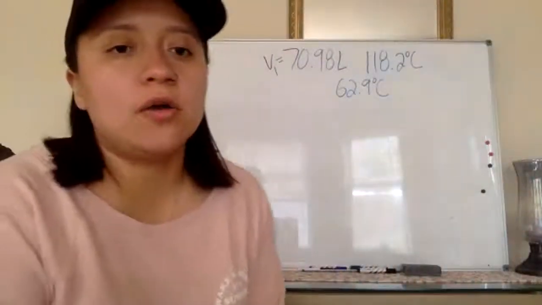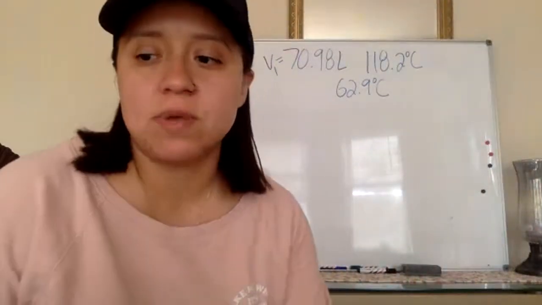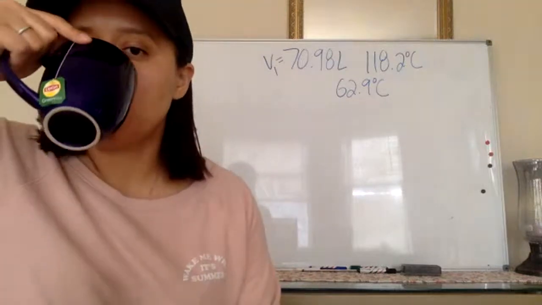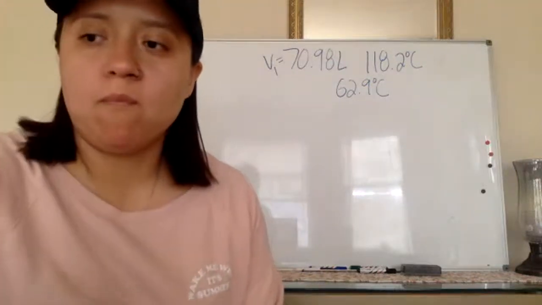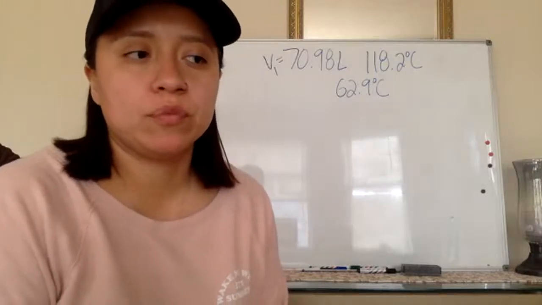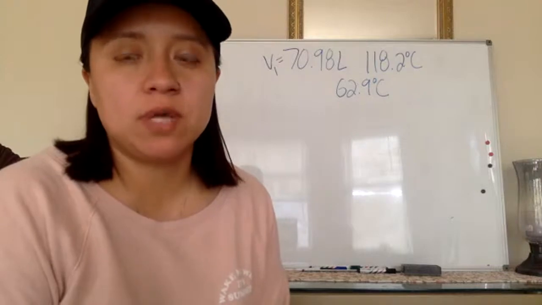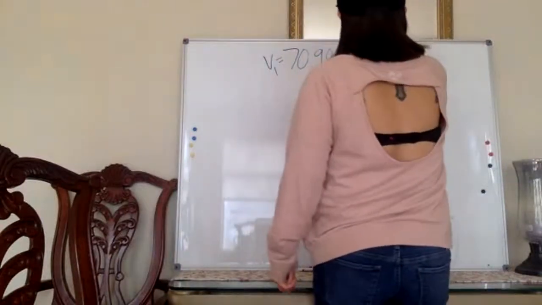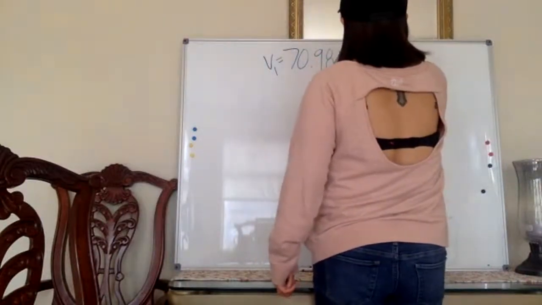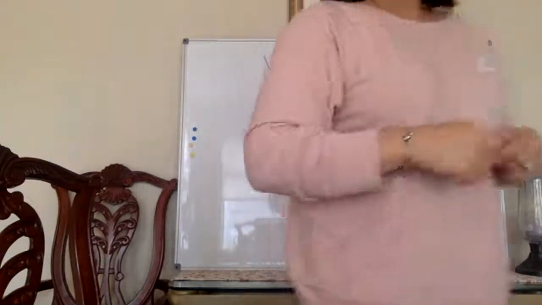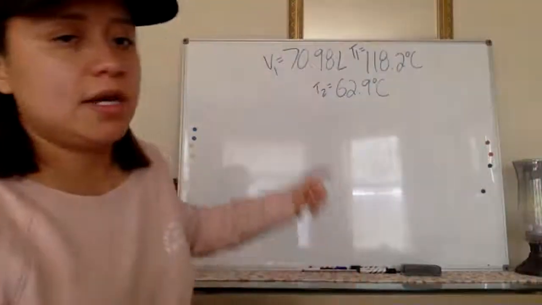What does the Celsius represent? Temperature. Yep. So 118.2 represents temperature 1, and that means that 62.9 Celsius has to represent temperature 2.